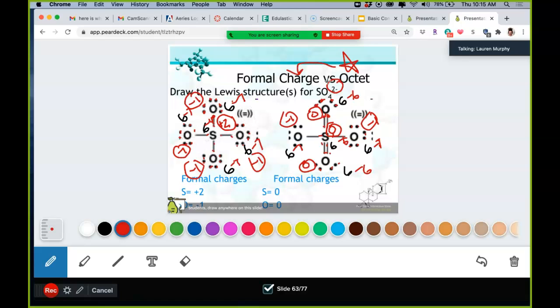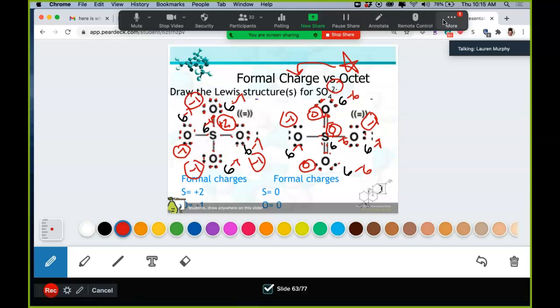And to this day, people don't agree on it. Some scientists say having this octet around sulfur as opposed to an expanded octet is better. And some scientists say, nope, expanded octets are better if the formal charge is lower. So which one's right? Can't even tell you. Both of them are right, and it depends on who you ask.